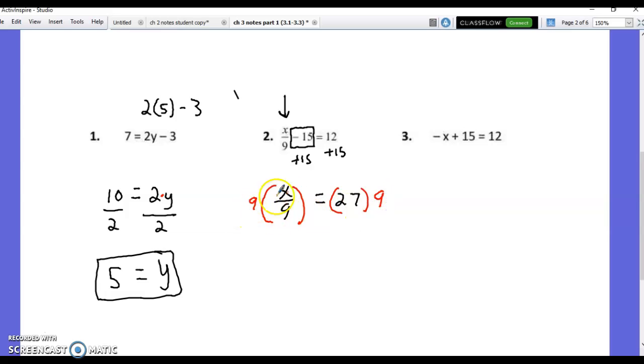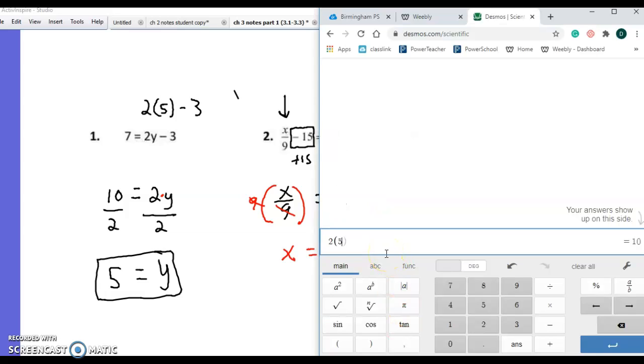Whatever you do on one side, you have to do the exact same thing on the opposite side. These will then divide out, giving me x by itself over here. And then I would do 9 times 27 to get my answer. So 9 times 27 is 243.